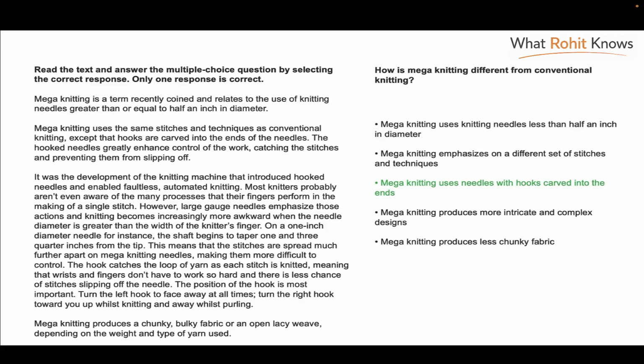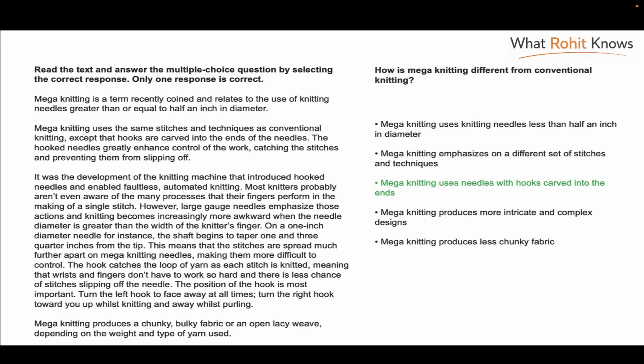I can see the hooks carved into the ends finds a mention in the first sentence of the second paragraph: mega knitting uses the same stitches and techniques as conventional knitting, except that hooks are carved into the ends of needles. So except means everything else is the same except for this thing. That means this thing is the difference, and that's why it's a correct option.